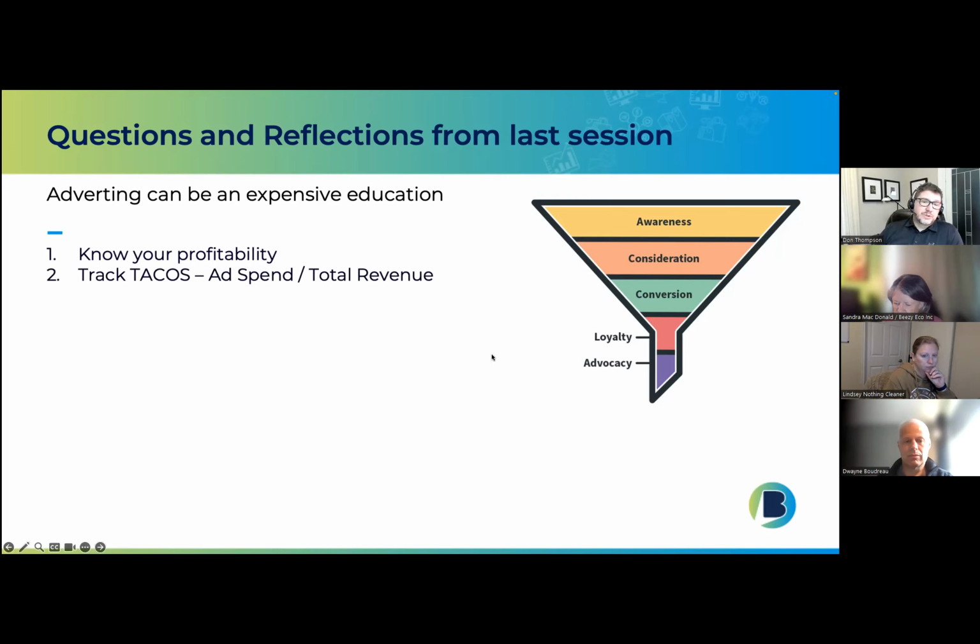Now, TACoS, total advertising cost of sale, is the most important metric. Okay, the money you spend on ads is going to drive the ROAS, the return on ad spend, or the inverse of that, which is ACoS, advertising cost of sale. And what that measures is for the ad sales alone, what kind of return do you have on your budget? But as I mentioned last time, in advertising, you have ad sales and ad rankings, but a sale there also raises your organic ranking.